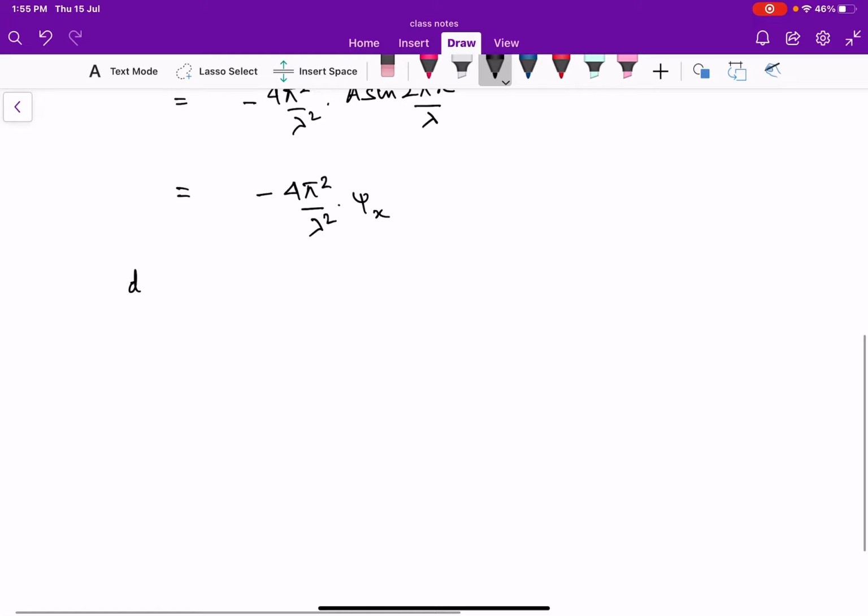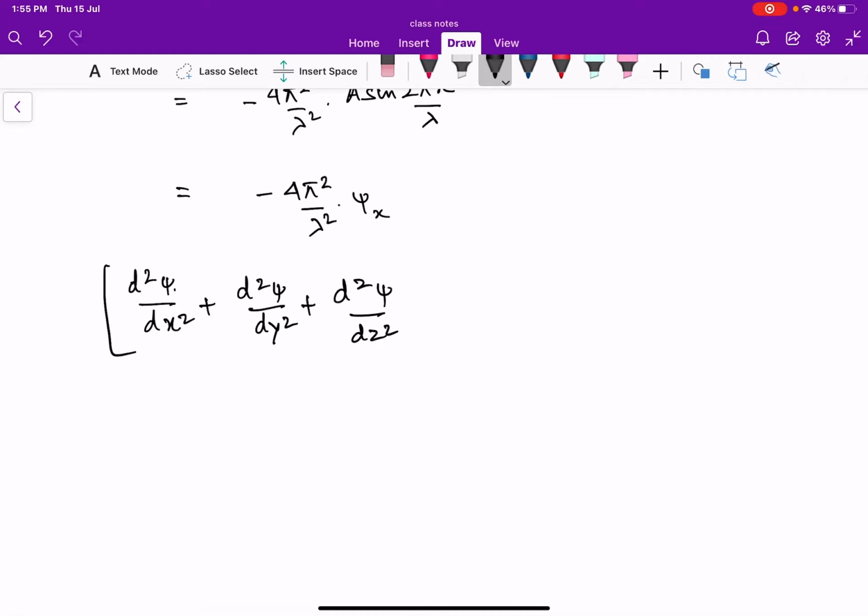So if I simply write this, we get this. Note here, it is only psi, not psi x, psi y, psi z, nothing like that. Now we are generalizing it for psi.